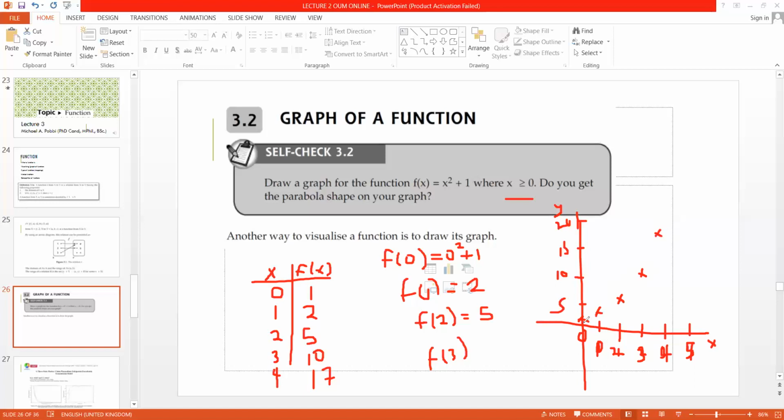Okay, so clearly when we visualize this graph, we can see that this graph is a parabola. Okay, so this graph is a parabola.